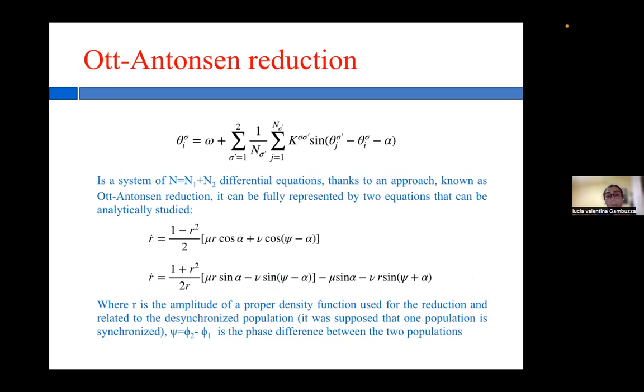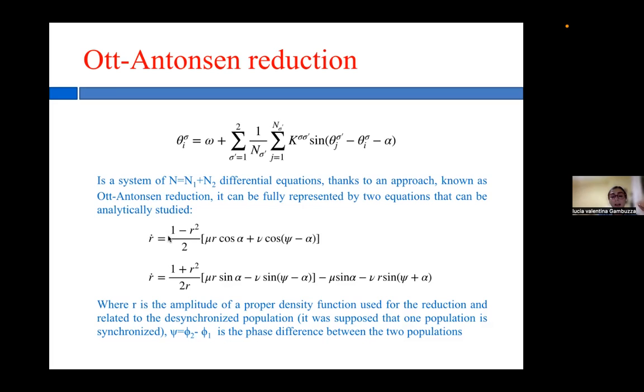Thanks to the Ott-Antonsen approach, the system of n differential equations, one for each unit of the system, can be fully represented by just two equations that can be analytically studied. The two equations are reported here.